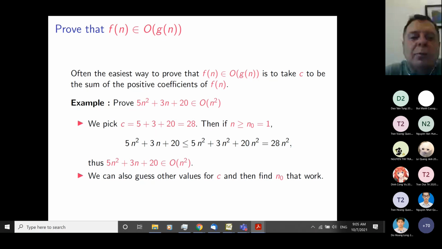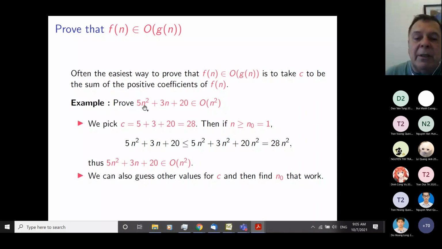Okay, so to prove that a function fn is in some order Gn, we need to exhibit the constant c and a value of n0 such that as the input grows, the running time of the algorithm is always smaller than the function Gn, so the number of operations executed by the function Gn.